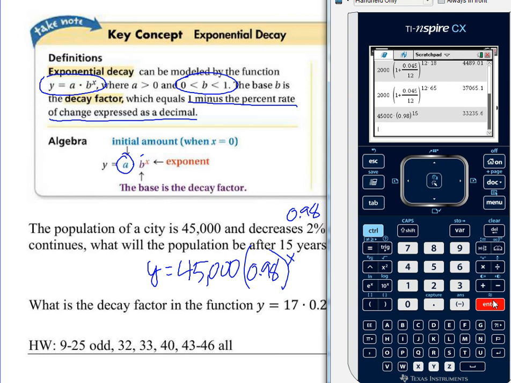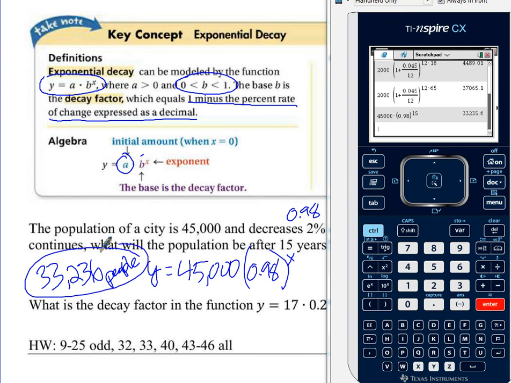Can I have a 0.6 people? No. So what am I going to write? Well, it's 33,235.6. So I'm going to write 33,236 people. There's my answer. Round to the nearest person. You can't have a decimal point of a person.